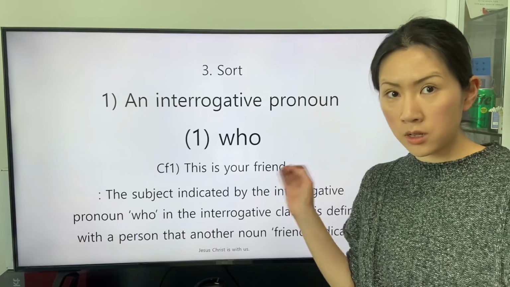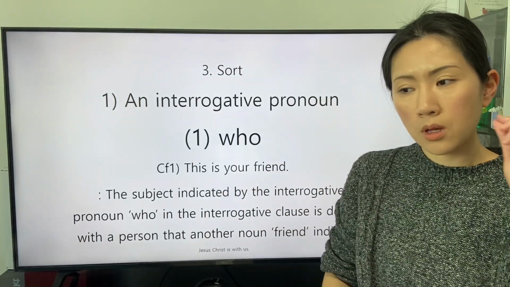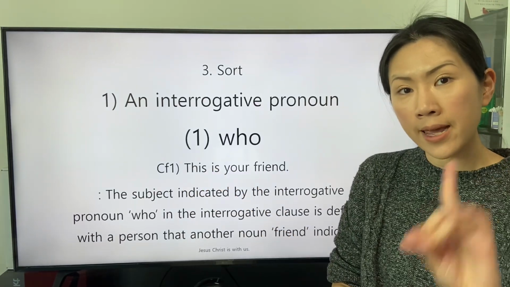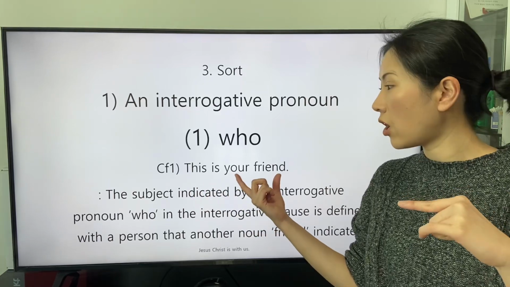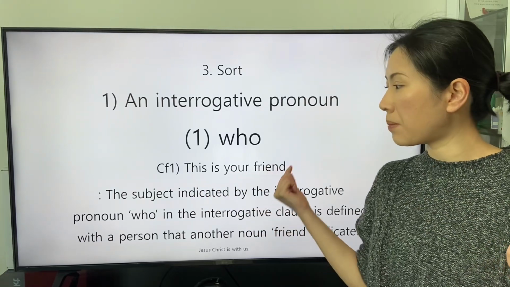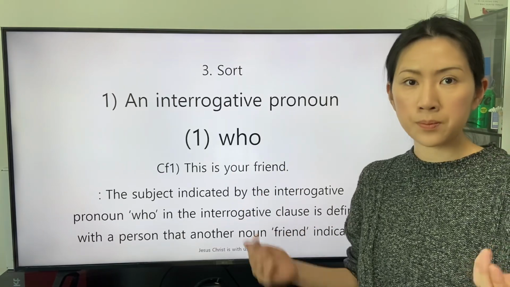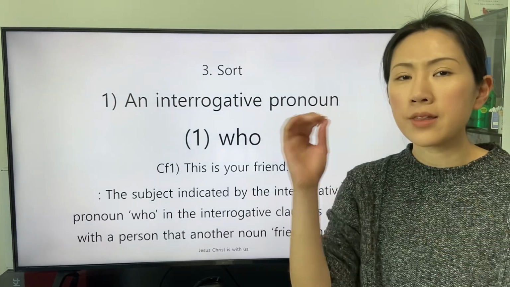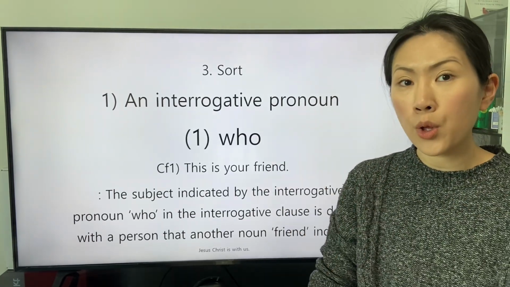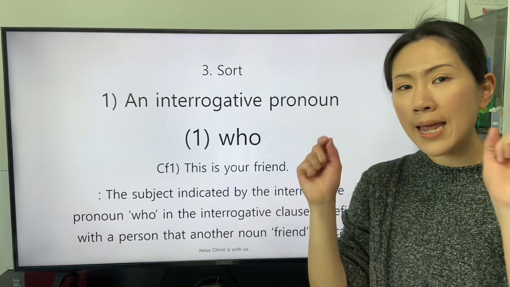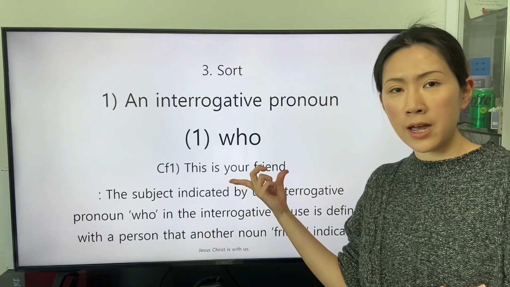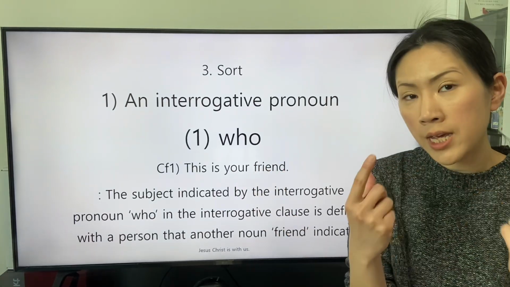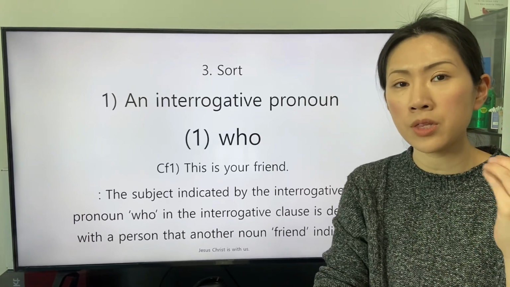The speaker of this clause reveals the subject indicated by the indicative pronoun this as another subject indicated by the phrase of the noun your friend. So we can understand that the interrogative pronoun who in the interrogative clause indicates the phrase of the noun your friend. The phrase of the noun your friend corresponds to the interrogative pronoun who in the interrogative clause.